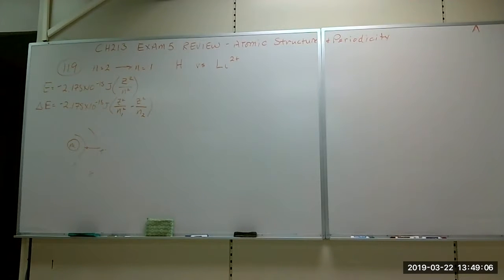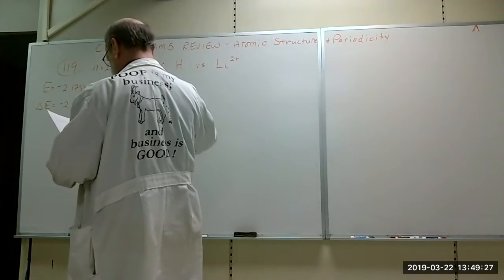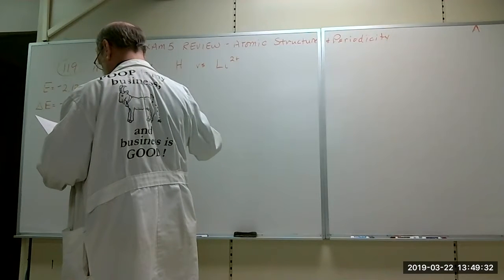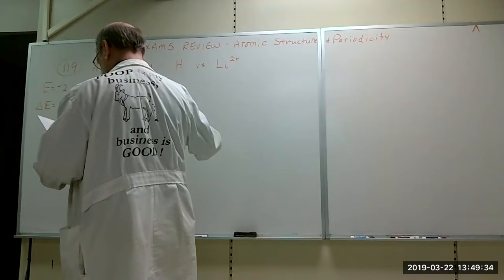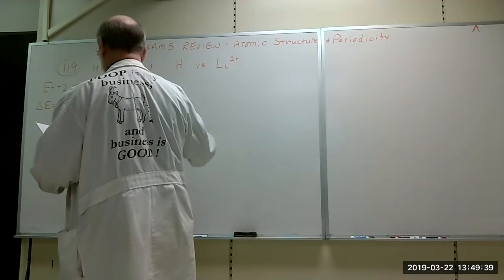Yeah, we do need that wavelength, because the question is, what value do we need to multiply 1.216 times 10 to the minus 7th by to get the wavelength for that same transition in the lithium ion? Okay. So we need to calculate the energy transition from one to the other and convert that to wavelength.